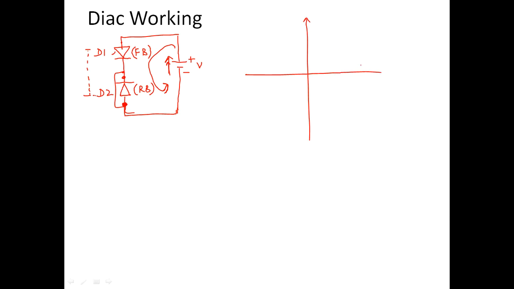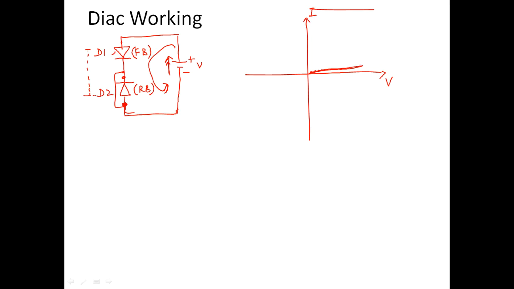I can replicate whatever I have just explained with respect to the circuit in the form of a graph. If this is the voltage I am applying and this is the current, initially the same thing happens as in the case of SCR: a very small current. Please note, this current is only due to the minority carriers.